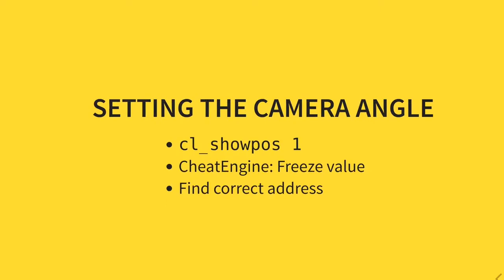Now that those camera angles are known, there's only one thing missing, and that's actually setting the camera angles programmatically from outside of the game's process. And for this, I've also used Cheat Engine again. There's a command inside CSGO to display all positions and view angles on the screen.